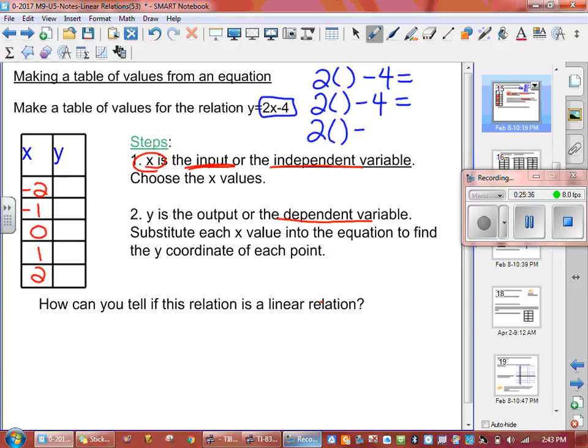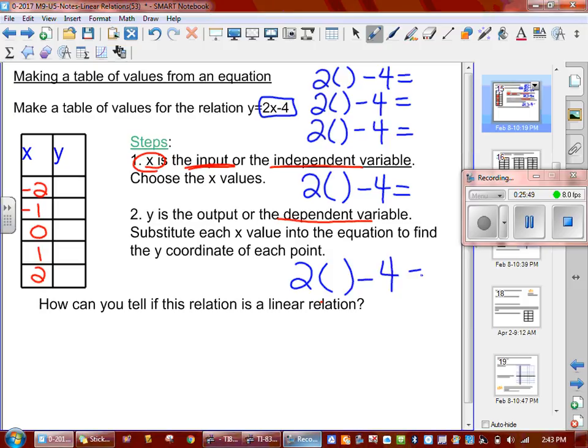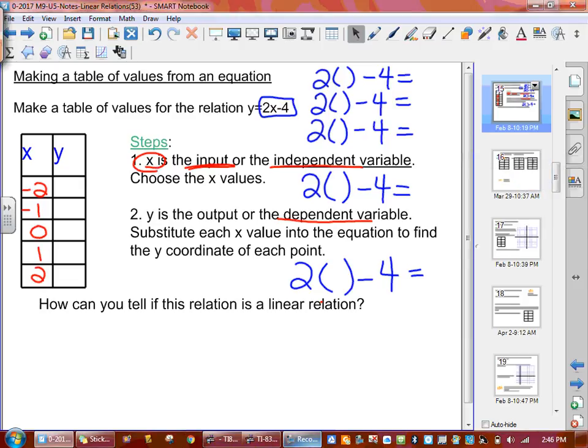Then we're going to substitute in all those x numbers. We're going to put every number we see on the x list in our brackets. So -2 goes in, -1, 0, +1, and +2.